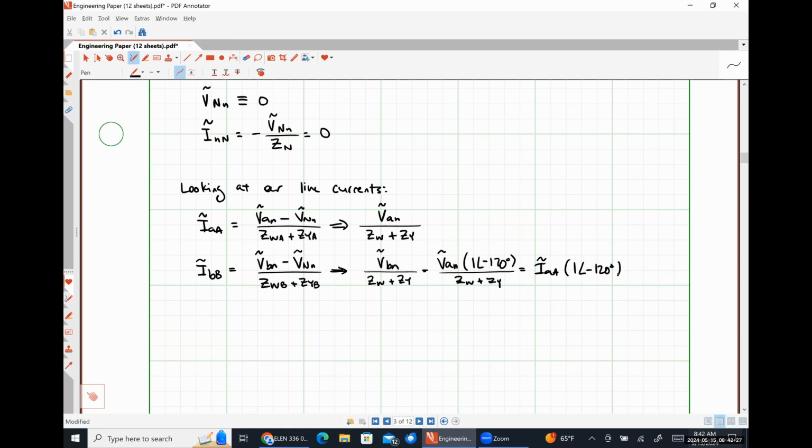So the line current in our B phase is lagging the line current in our A phase by exactly 120 degrees.